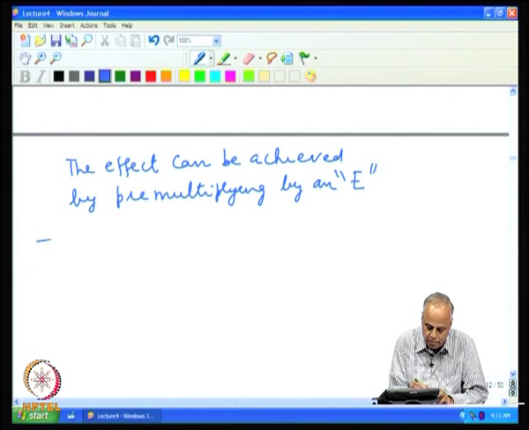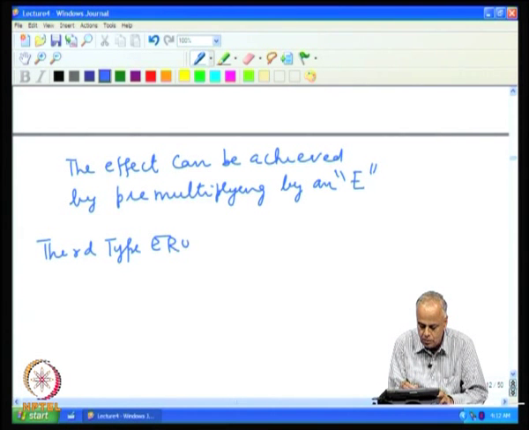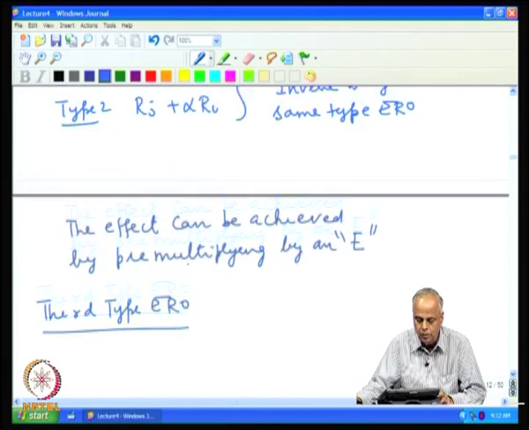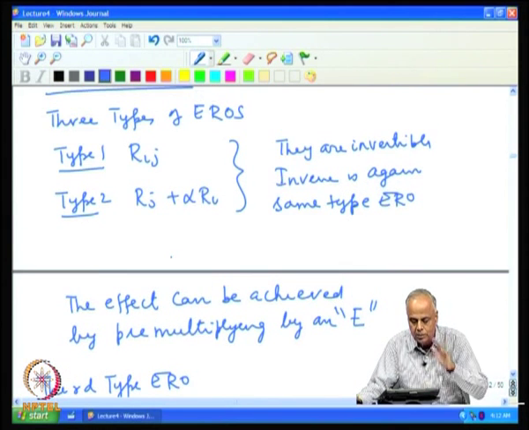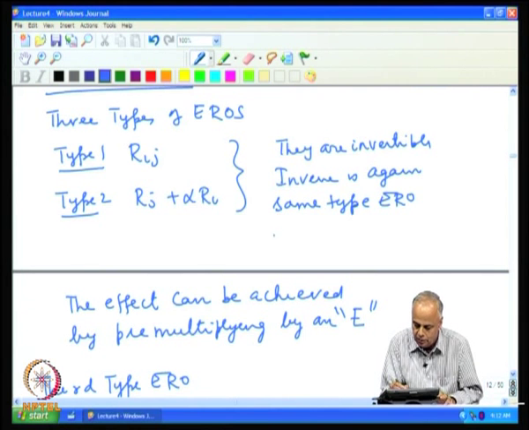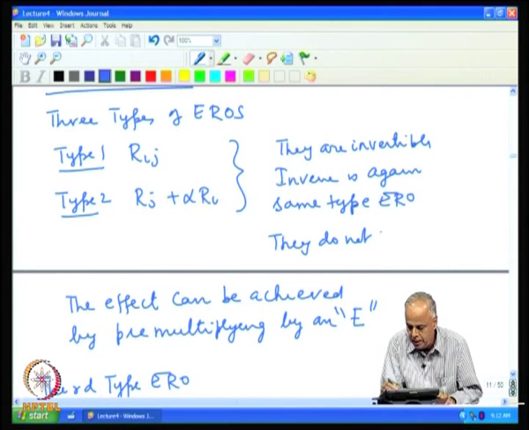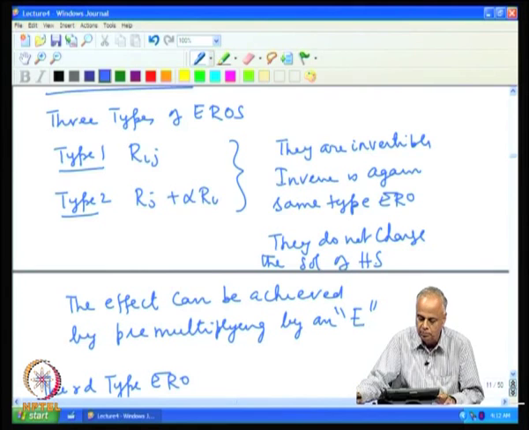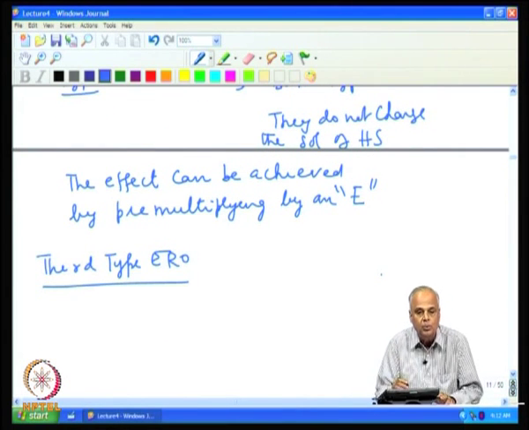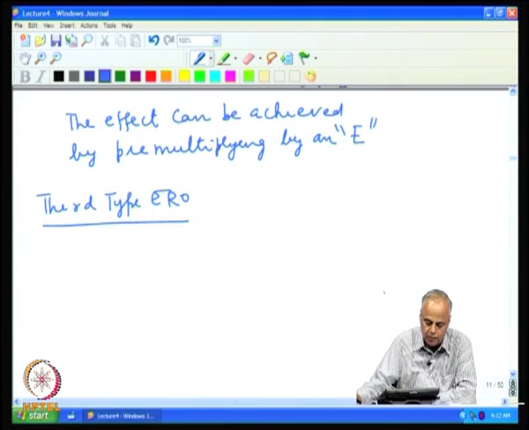The third type we will introduce is again going to possess the same properties. It will also be invertible. They do not change the solutions of the homogeneous system. The third type also is going to possess the same properties.